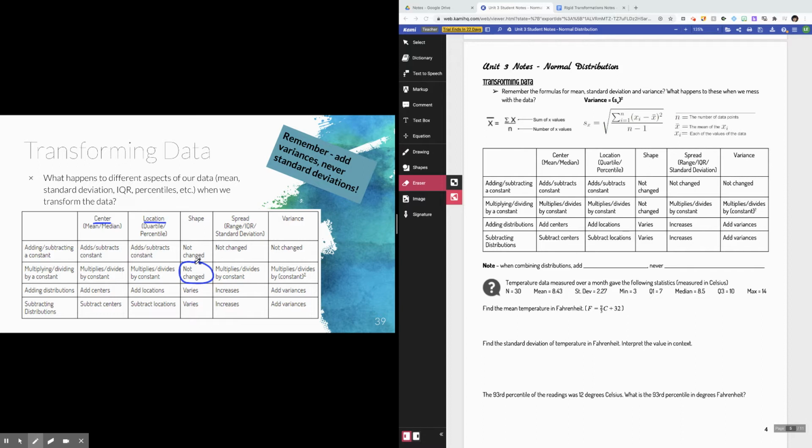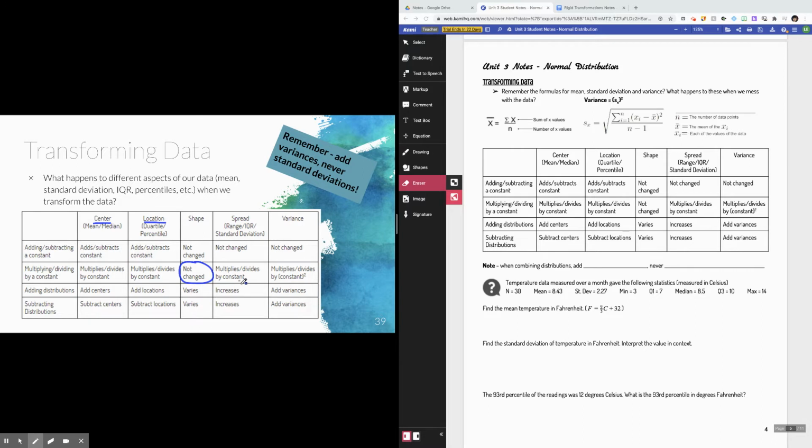If you're dividing, the spread is going to get smaller, because you're basically taking the shape of your distribution and blowing it up, or shrinking it. But the shape is not going to change. I'm not taking a normal distribution like a bell curve and changing it to something that's skewed. Multiplying and dividing is not going to do that.